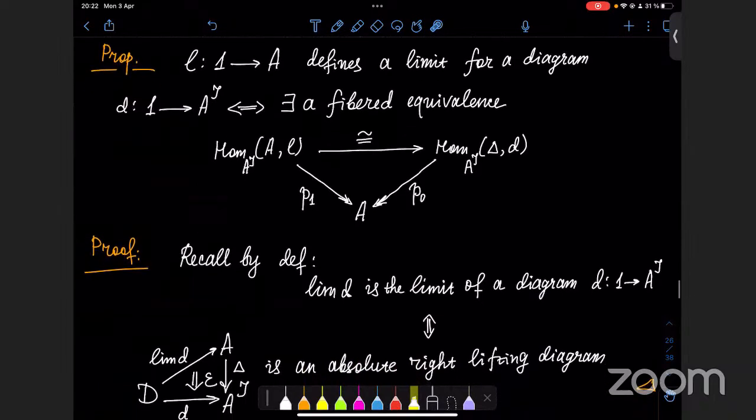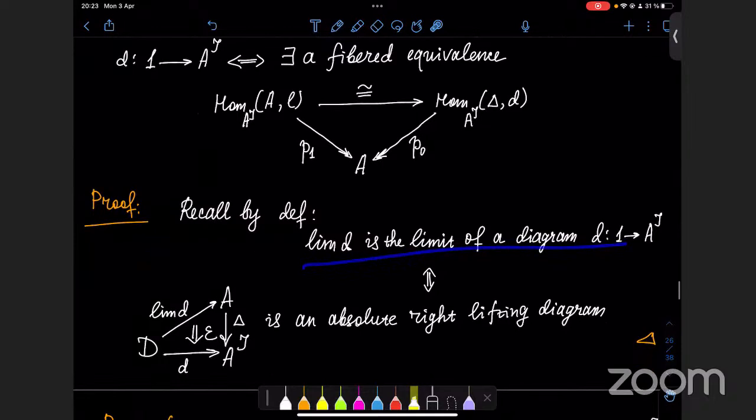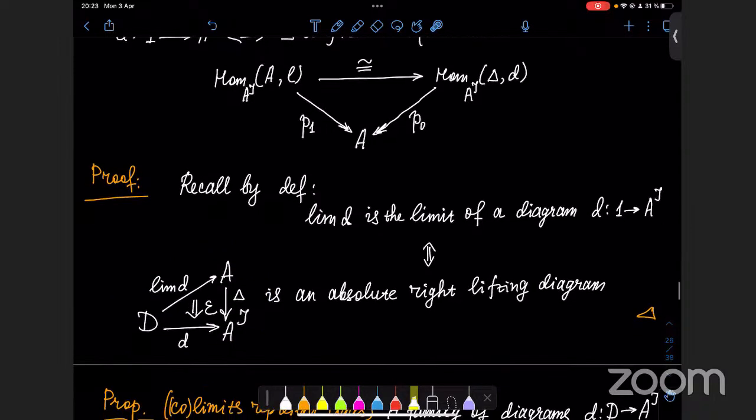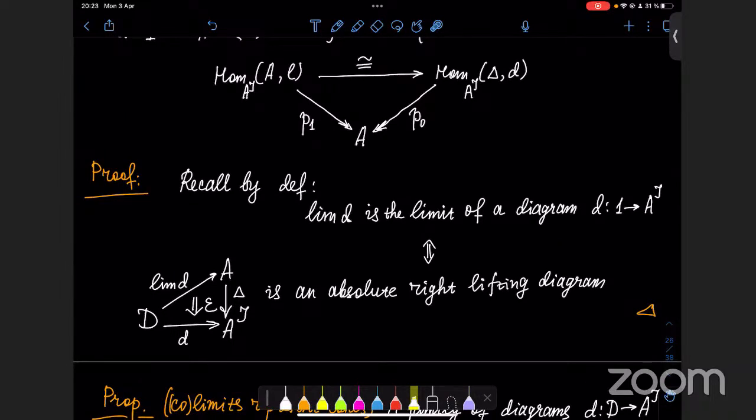So let's prove this result. Recall, I said before that lim D is the limit of a diagram if and only if you have the following absolute right lifting diagram. Left stands for colimits.